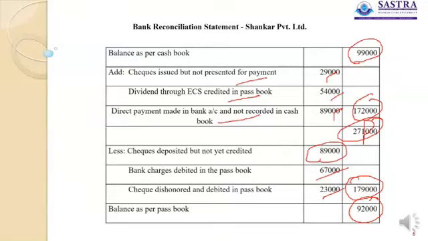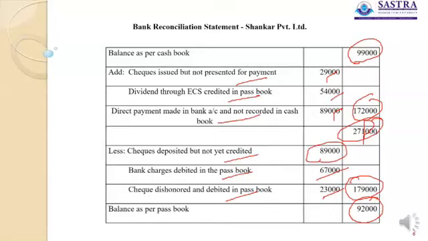Whereas the checks deposited but not credited, bank charges debited in the passbook, and checks dishonored and debited in the passbook are transactions which keep the passbook's balance lower, so they are deducted. The balance as per the passbook is arrived at 92,000 rupees.